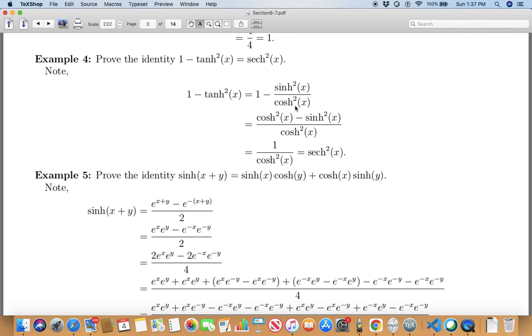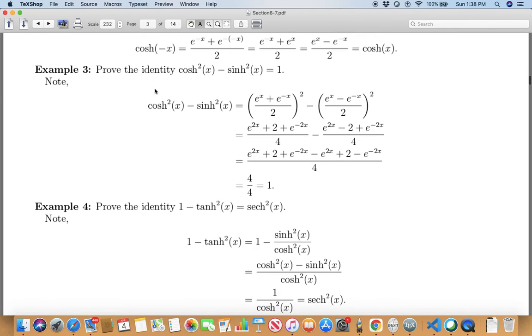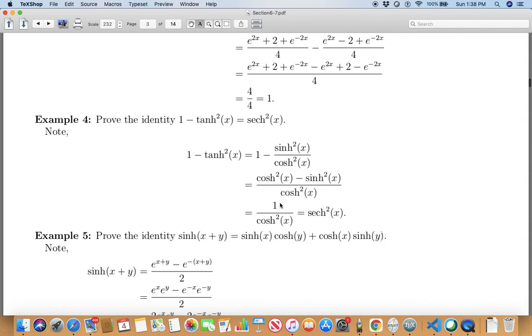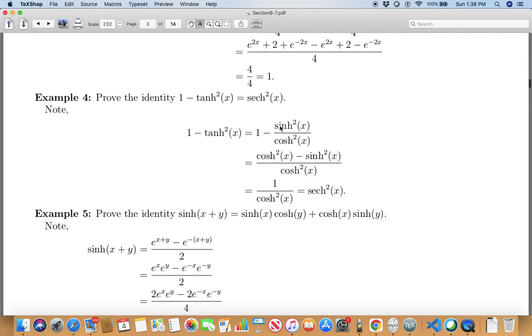Common denominator is cosine hyperbolic squared, so the numerator is cosine hyperbolic squared minus sine hyperbolic squared, as above. But we just saw that this is 1. So the numerator is simply 1. Now 1 over cosine hyperbolic is secant, so 1 over cosine hyperbolic squared is secant hyperbolic squared x. So you got the identity you wanted.